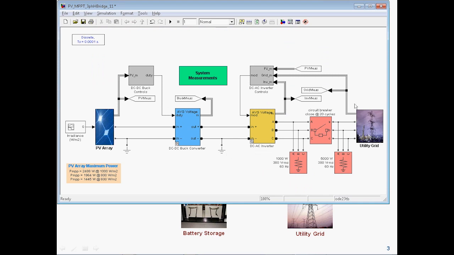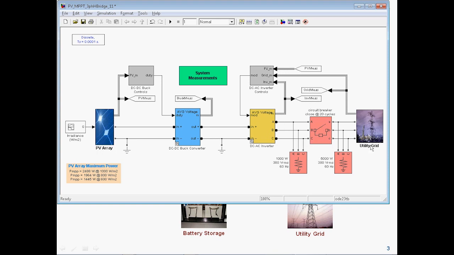What you're seeing here is a full system model implemented in Simulink. There are four main components that I want you to pay attention to. First, we have our photovoltaic array over here. We have a DC-DC buck converter receiving the power from the array. A DC-AC inverter, which is converting the DC power into three-phase AC power.